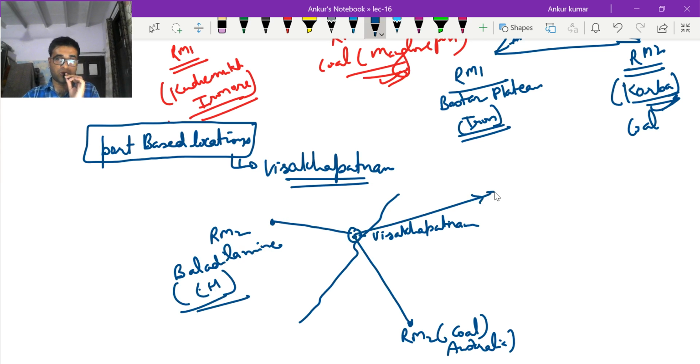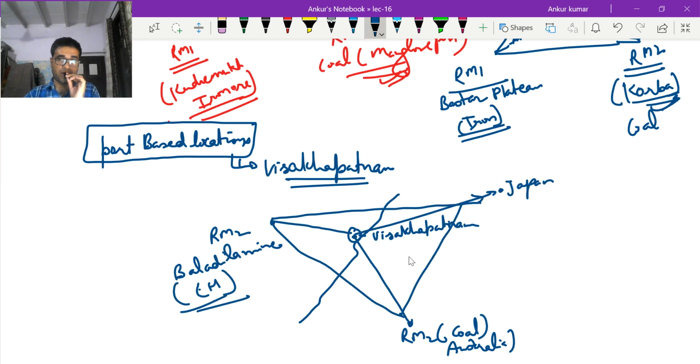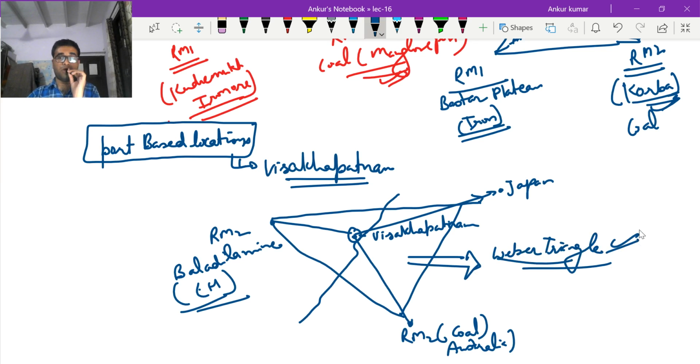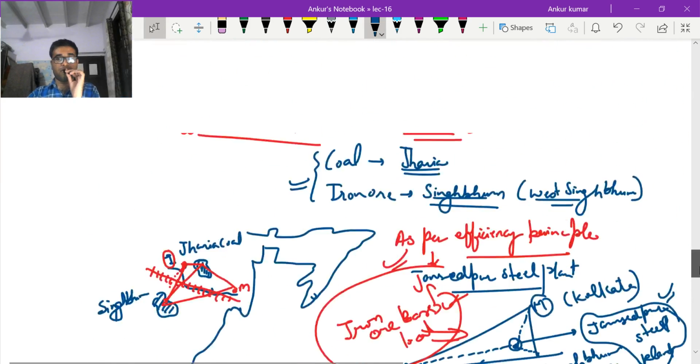And the market, this is exported to Japan, this is market, right? So this is again your triangle, so this becomes again your Weber triangle. Okay, so these are the different iron and steel plants that we saw in India.